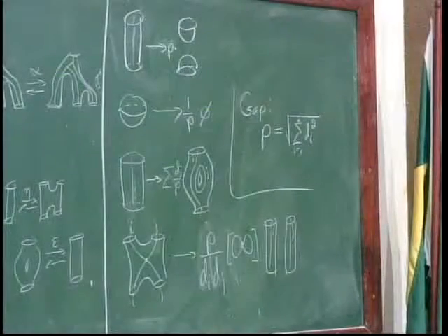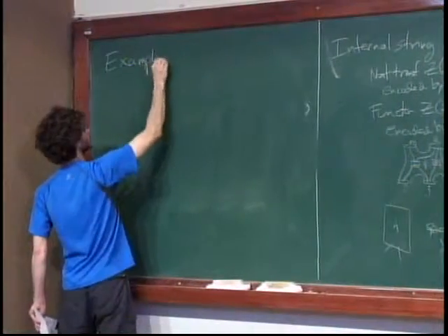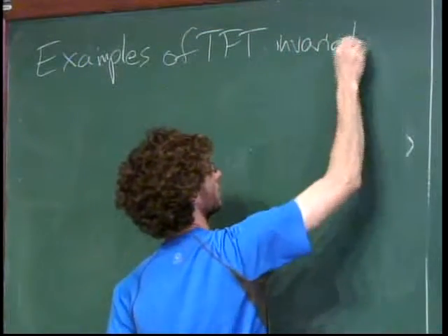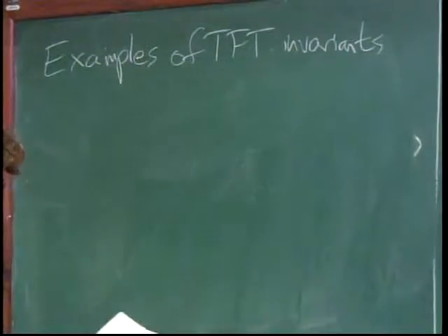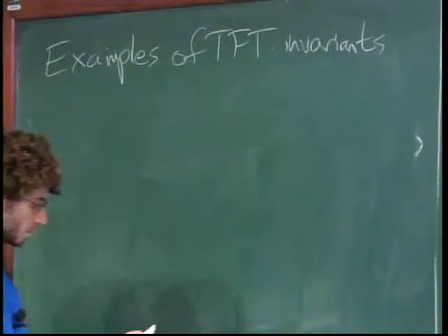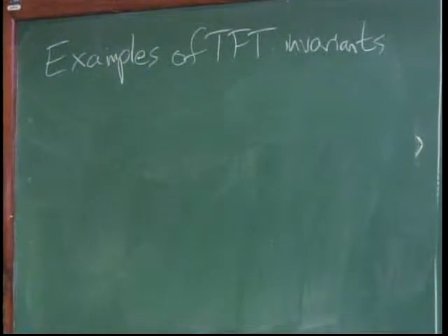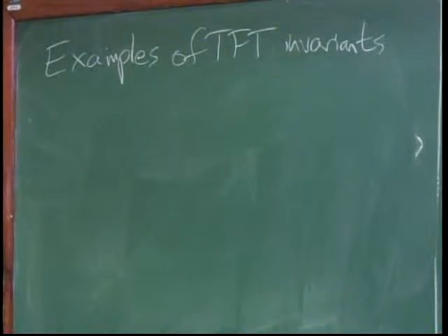So let's do some examples of the invariants coming out of this. So the claim, obviously, is that this produces some field theory. Let's see what examples we want to do. Maybe I should be a little more precise.